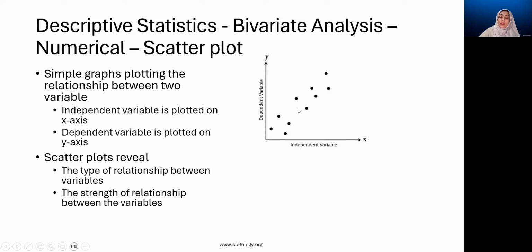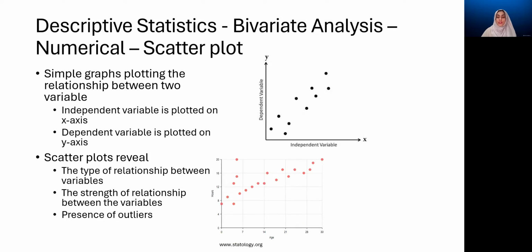So if the dots are clustered together tightly, that means a very strong relationship. And if they form a definite pattern, that shows a strong relationship. And if they are scattered away from each other, that shows a very weak or sometimes maybe a non-existent relationship. It also reveals the presence of outliers, such as in this case, we can see a pattern, a line that can be drawn over these dots.